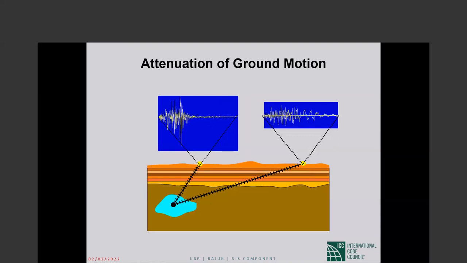What has survived are the low frequency components. The period of the motion has increased if you look at the picture, okay? And the amplitude has decreased. The high amplitude motions, which were also high frequency, have died away. So I think the picture is pretty graphic. So this is near fault ground motion. This is ground motion away from the fault.